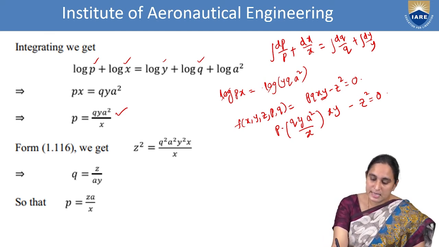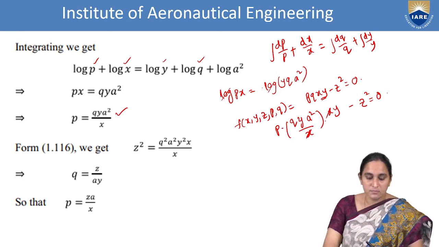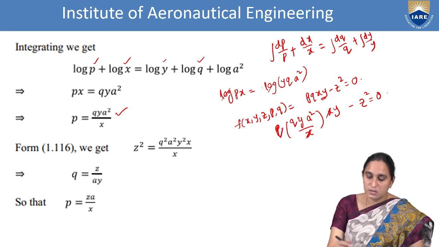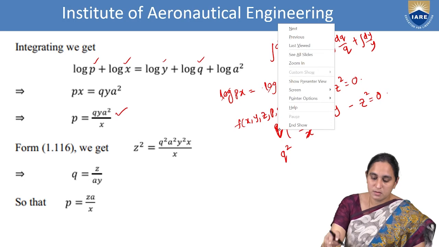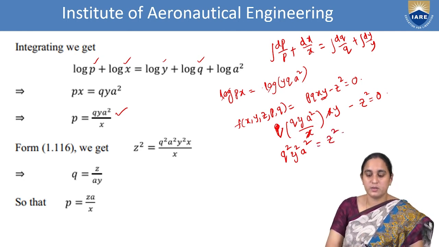Here x cancels. That is q square y square a square is equal to z square.